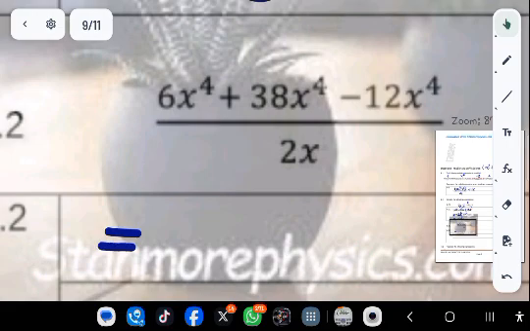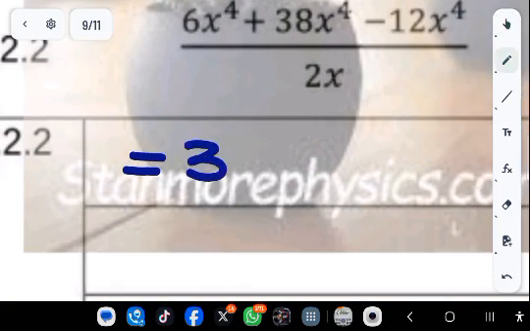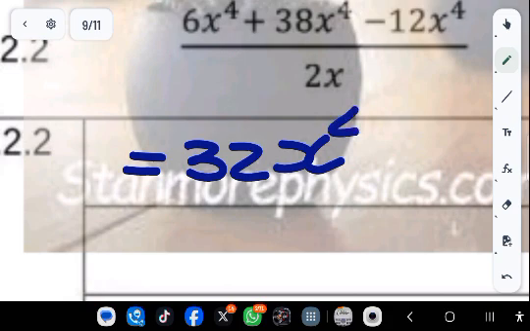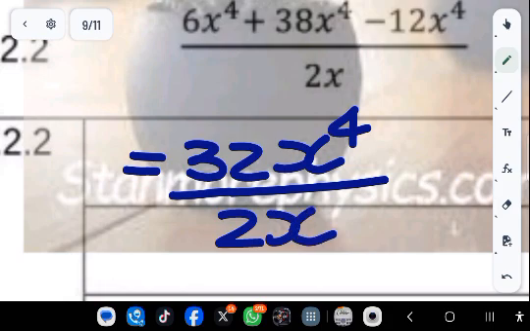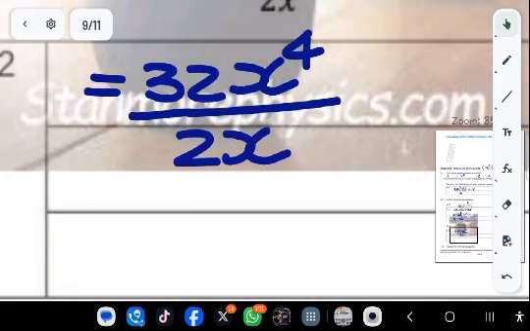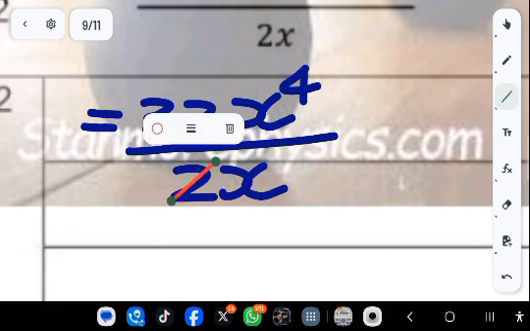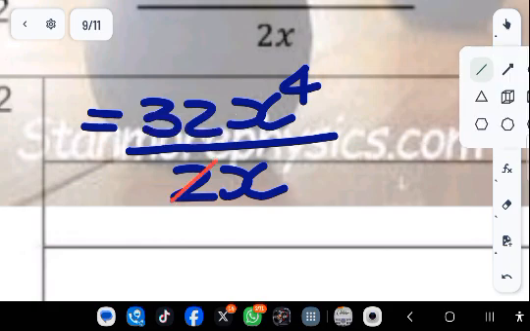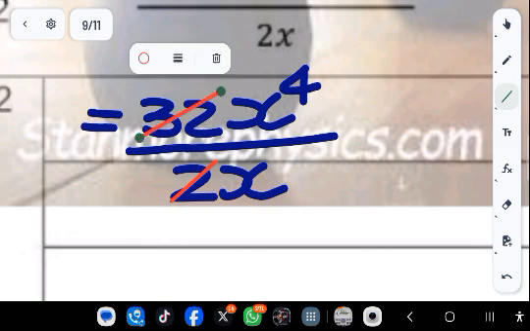So that will be 32x to the power of 4 all over 2x. And now you simplify. 2 goes into 2 once, or you can just say 32 divided by 2. It's up to you how you want to simplify that. 2 goes into 2 once and into 32 16 times.